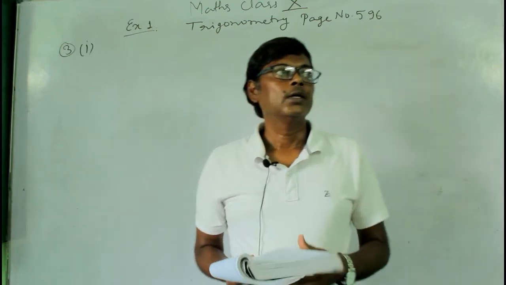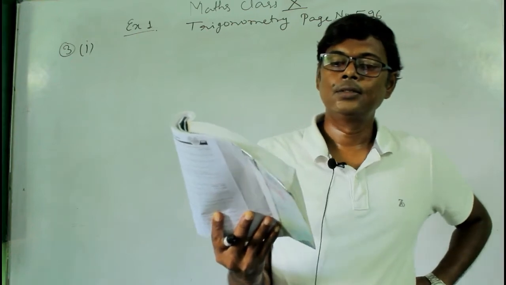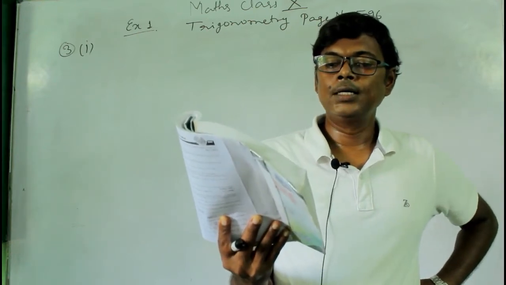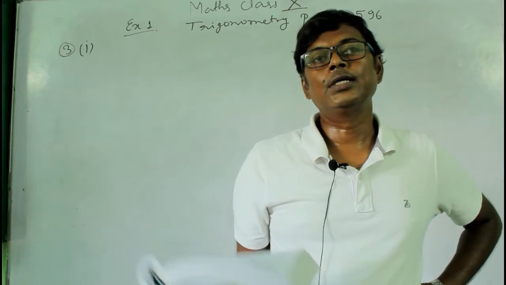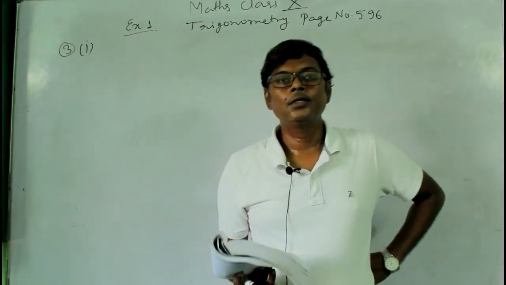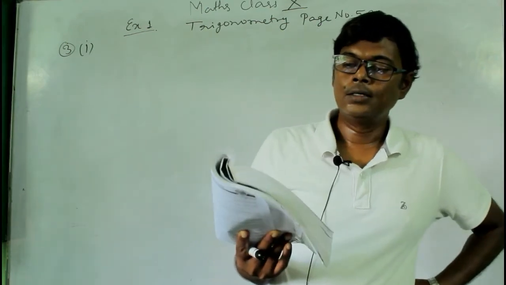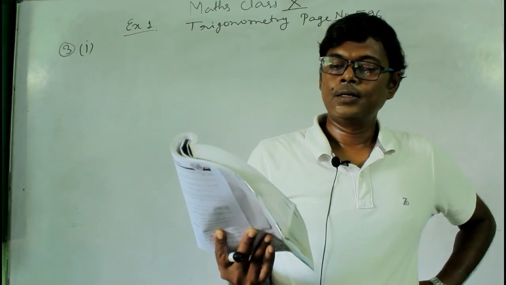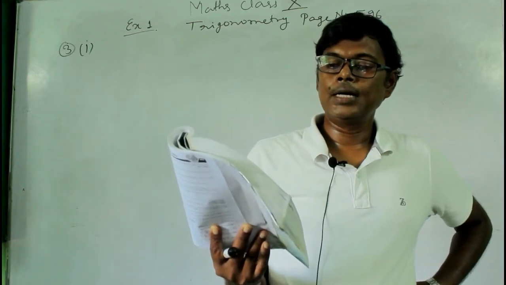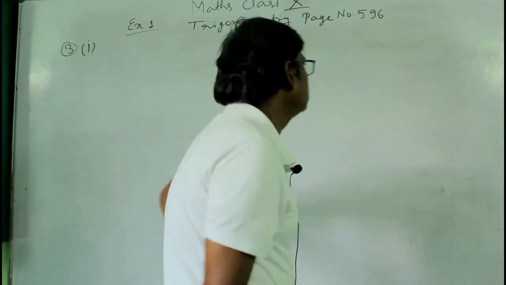This means that in this question we have to find the angles in degrees and grades of a triangle. The triangle is isosceles, and each angle at the base is 12 times the vertical angle. So how will we solve it?